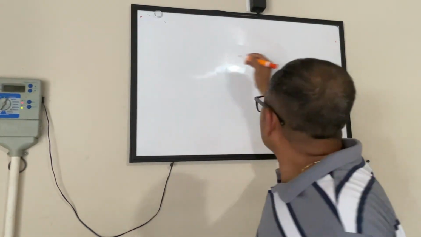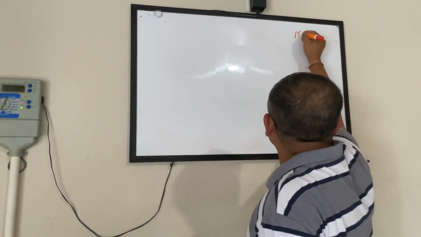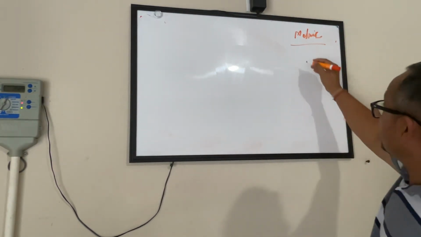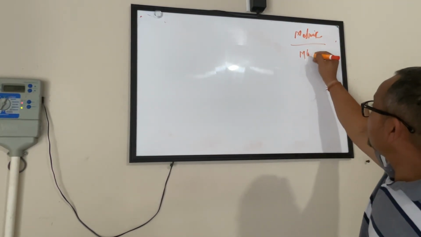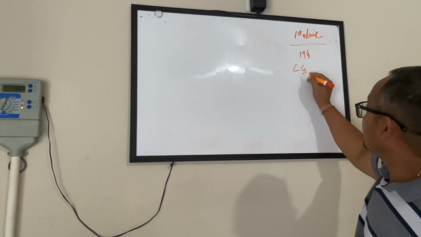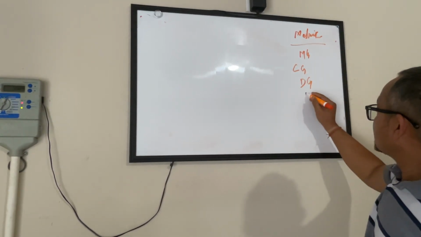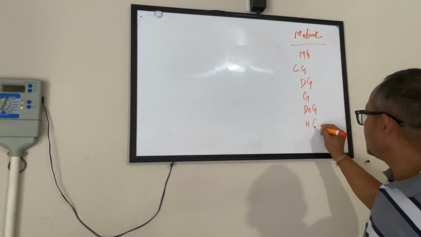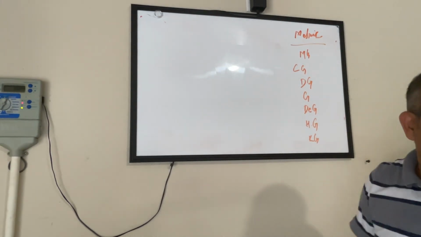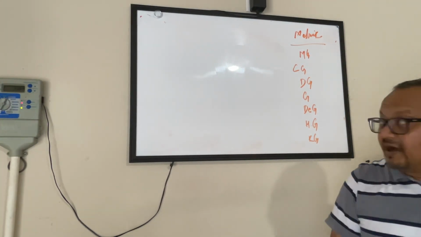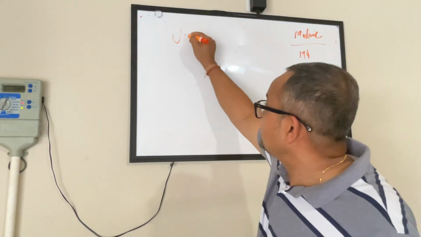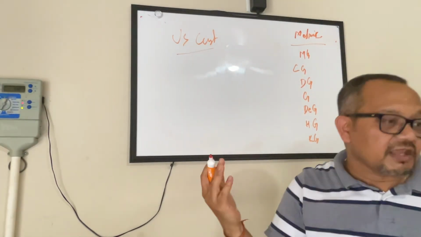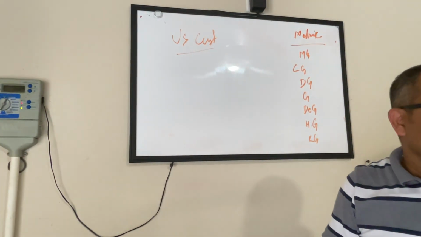So, when we look at the metric system, when we talk about weight, we talk about milligram, centigram, decigram, gram, decagram, hectogram, kilogram. This was easy. But when we come to the US customary system, here the units are different.